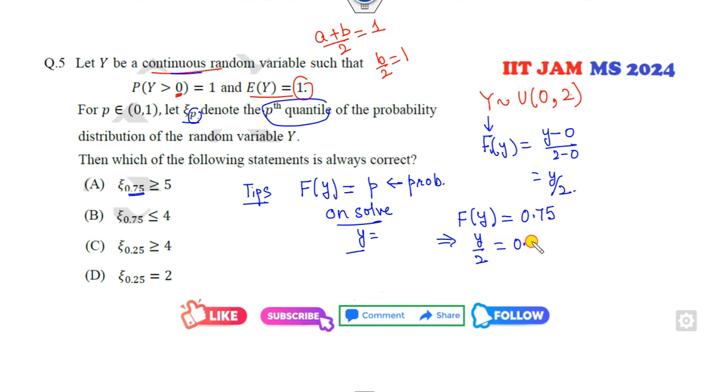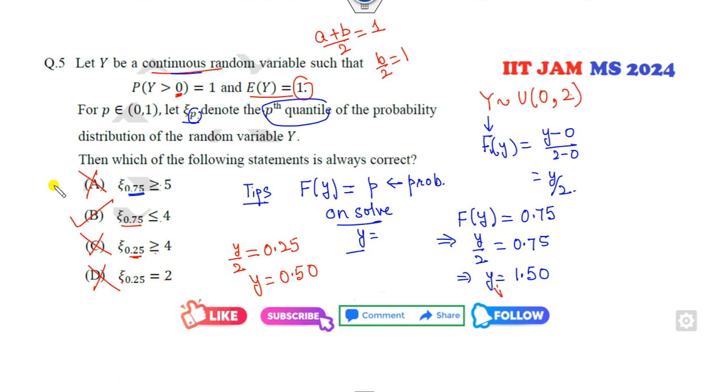You can find the value of y. So y will be 1.50. So that is my quartile. So 1.50 is greater than 5, wrong. 1.50 is less than 4, correct answer. Now look at the 0.5. Y over 2 is the probability, that's 0.25. So that means y will be 0.50. Is it greater than 4? Cross. Which is equal to 2, wrong answer. So the correct answer is B.